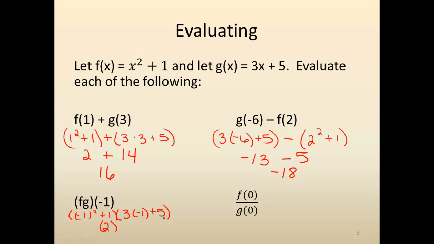Negative 3 plus 5 is 2, so this becomes 2 times 2, or 4. And division, f of 0 divided by g of 0. F of 0 is 0 squared plus 1. G of 0 is 3 times 0 plus 5. That becomes 1/5.